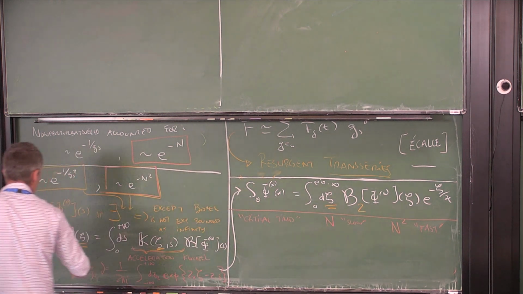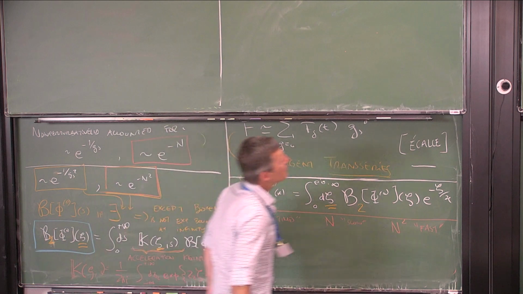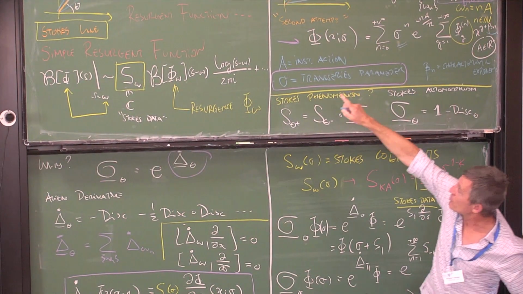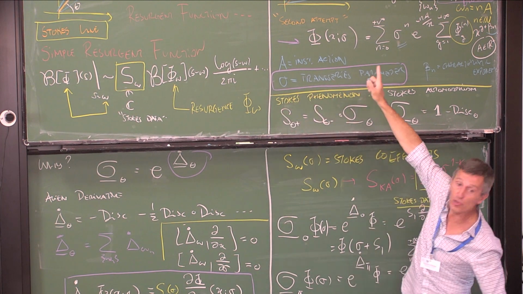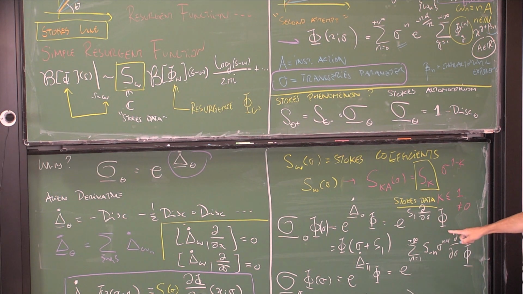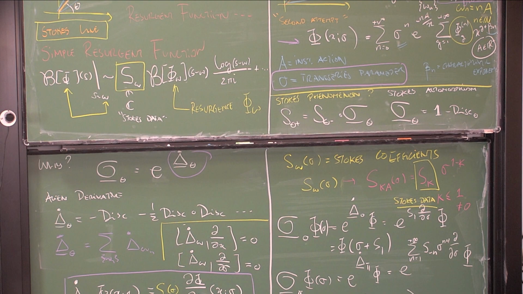Let's back up a second. The standard Borel transform, the resummation of the standard Borel transform, would jump at the singularities of the Borel transform. That's what I tried to describe here. Now, it's going to be the accelerated Borel transform that's going to jump at those singularities.